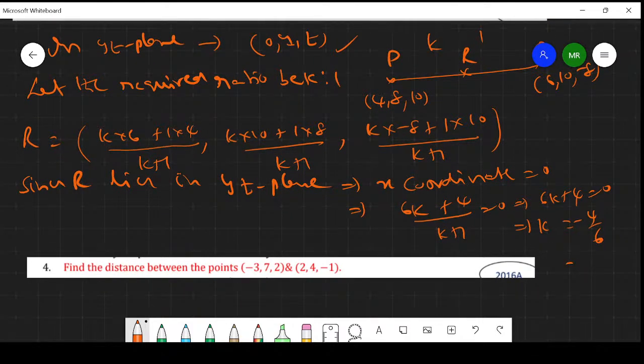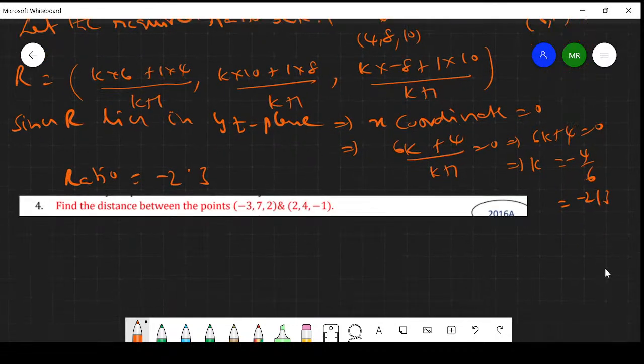You'll get minus 2 by 3. Therefore, the required ratio will be k equal to minus 2 by 3. Therefore, the required ratio is minus 2 is to 3. The conclusion: the required ratio is equal to minus 2 is to 3. This is our answer.